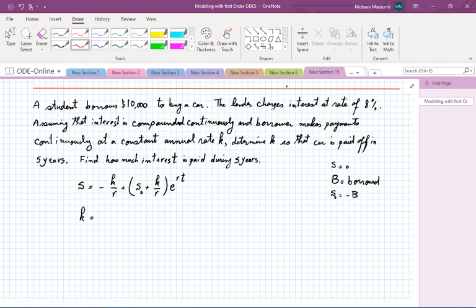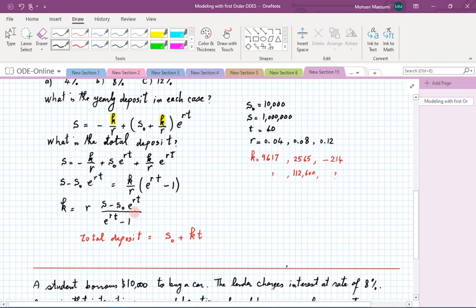So you remember the formula for K. Let me write it. We had found in the previous problem, K equals S minus S0 exponential of RT, over exponential of RT minus 1. This is just a copy of what we had obtained here, so I'm copying that down here.